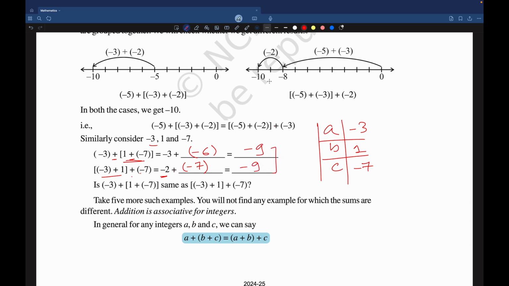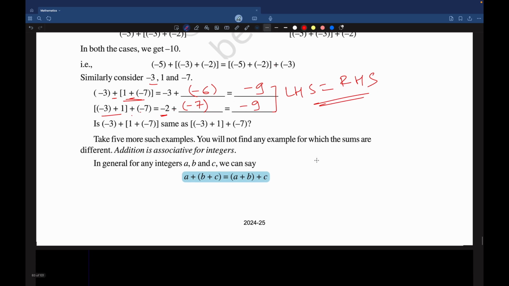So LHS equals RHS. Hence they have concluded that addition is associative for integers.